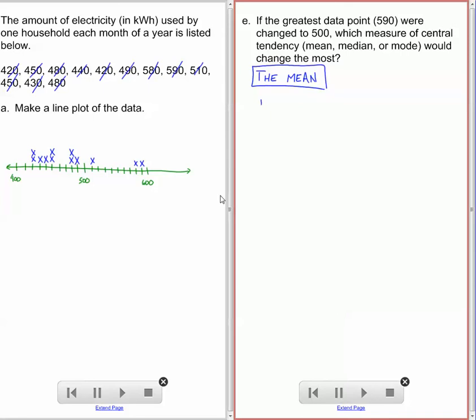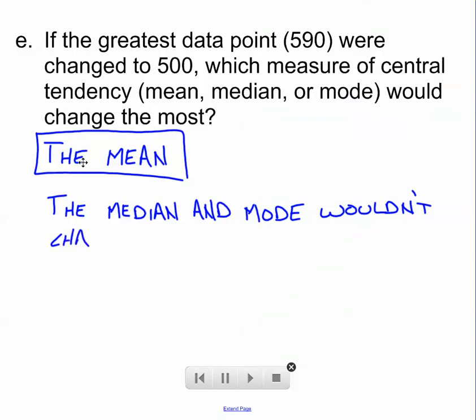We go through this item by item. Why? The median and mode wouldn't change at all. In this particular case. Sometimes they would if you changed a number like the greatest data point, but in this case they wouldn't change at all.